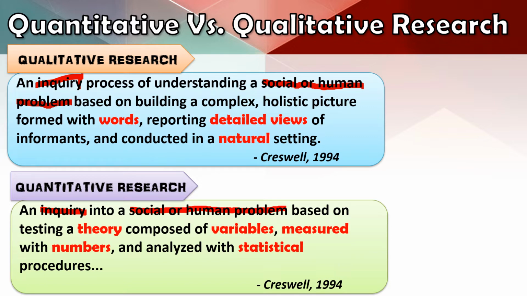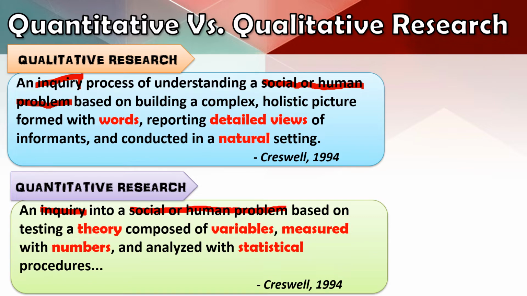Something that we observe in our environment, something that needs solution, something that needs recommendation, something that needs suggestions. Okay, so in order to understand that particular topic, now here are the differences between the two definitions.